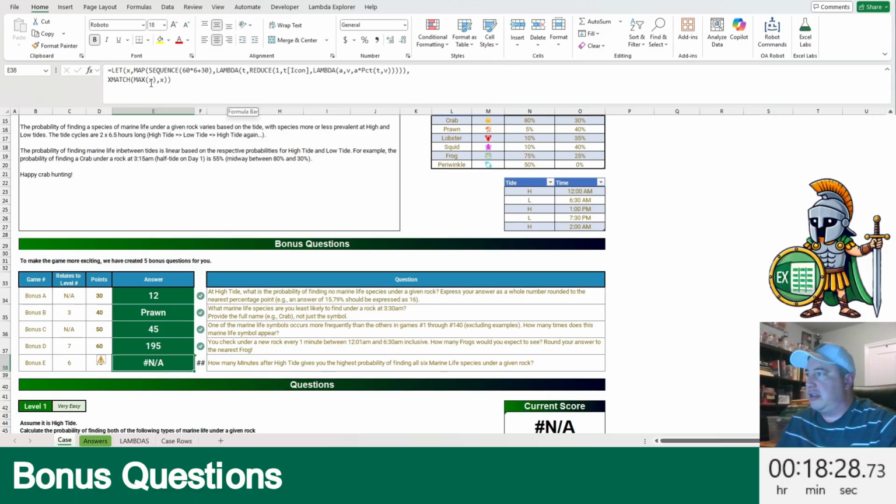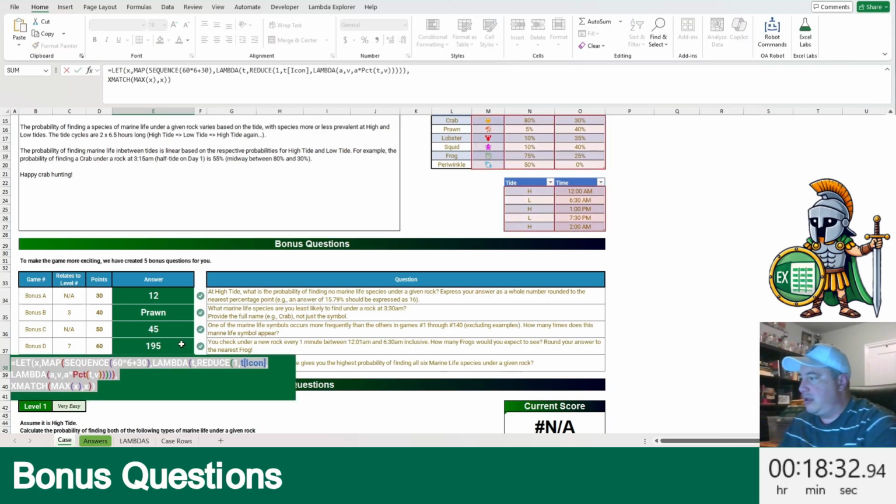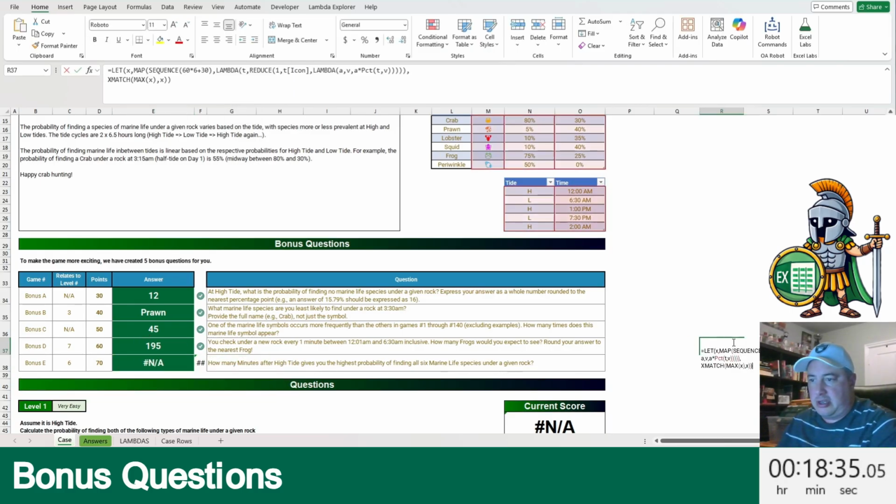Didn't like something. So let's bring it over here for debugging. X. Okay, it's only finding the first value. Only finding the first value. Map the sequence.